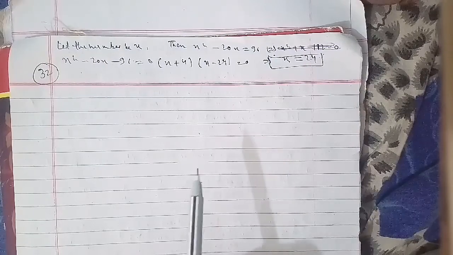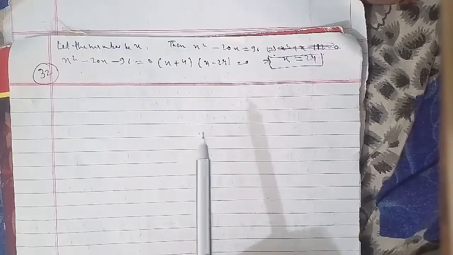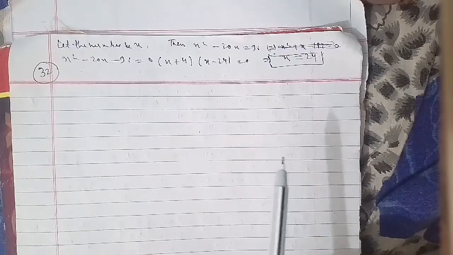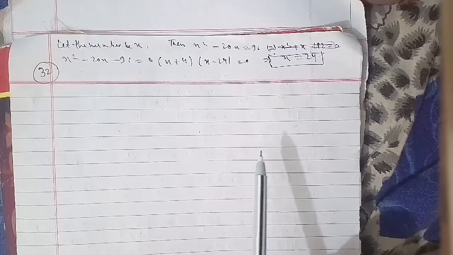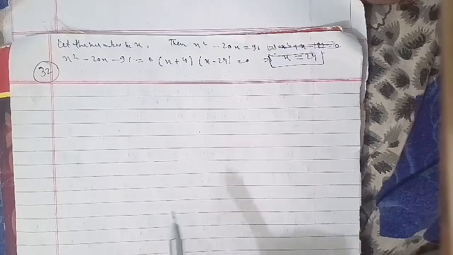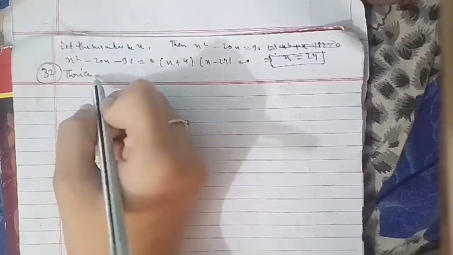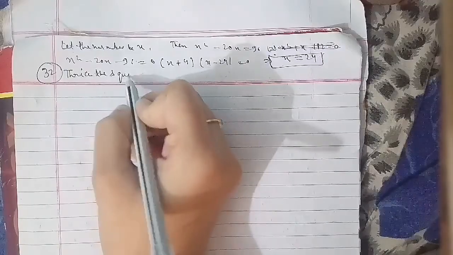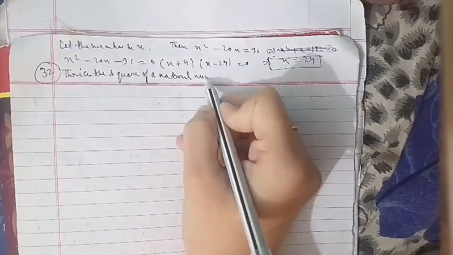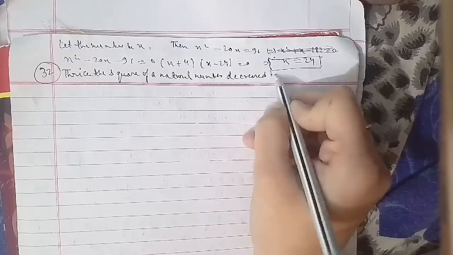Let's go ahead. Thrice the square of a natural number decreased by 4 times the number is equal to 50 more than the number, and that is what we have to find out.